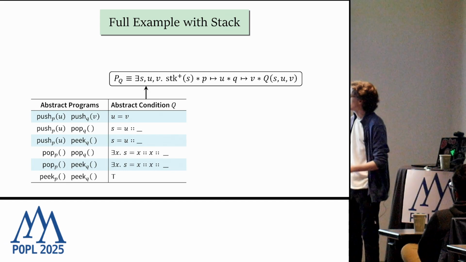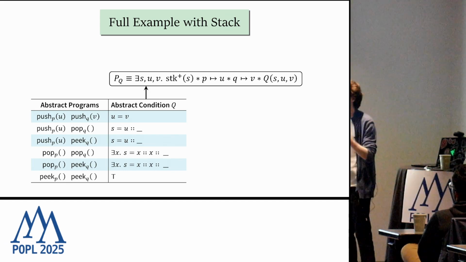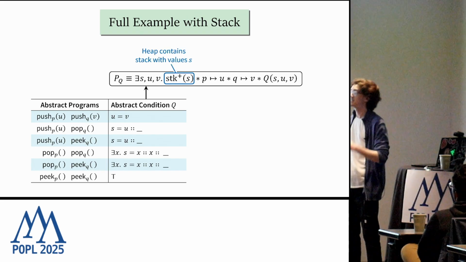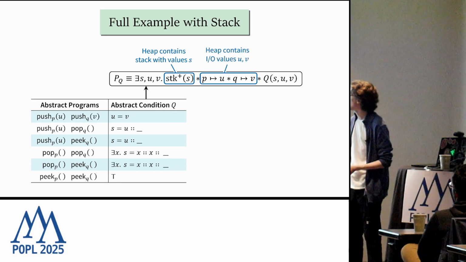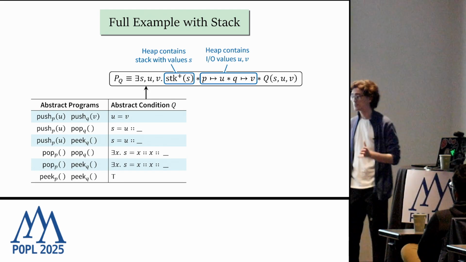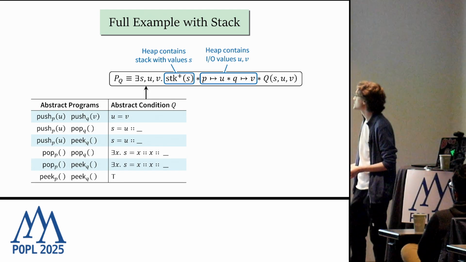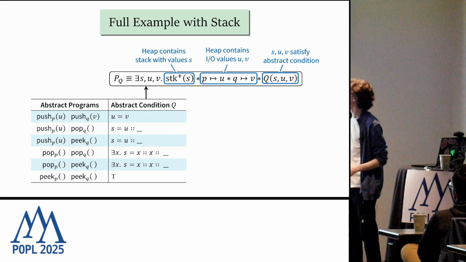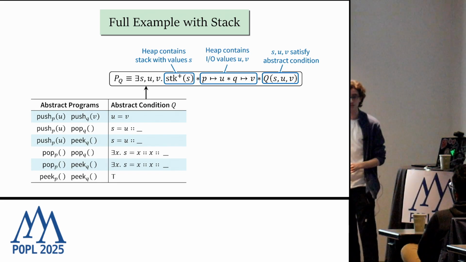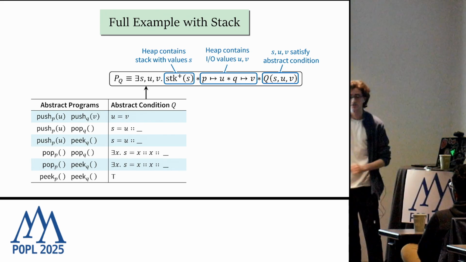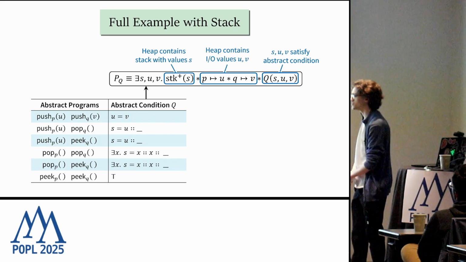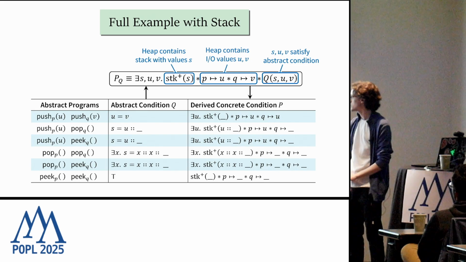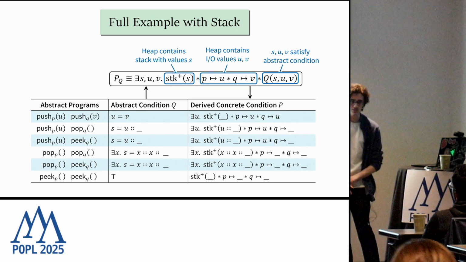What we do is we say that our concrete condition will hold for a heap if that heap contains a well-formed stack and contains the input or output cells for the 2 programs, and those values corresponding, the list of values for the stack and the values in those cells, satisfy whichever particular abstract condition we're using for each pair. So then we can immediately construct derived concrete commutativity conditions for each pair.